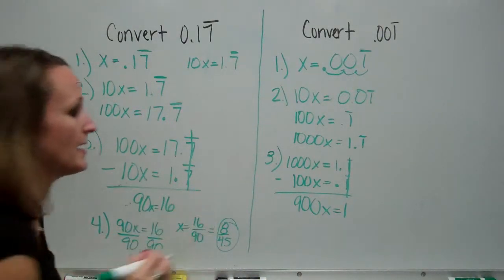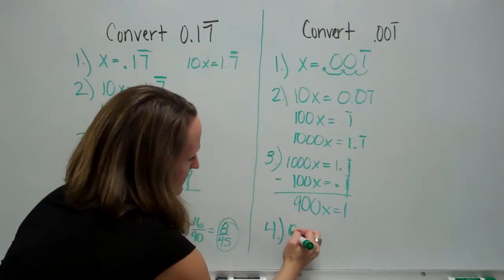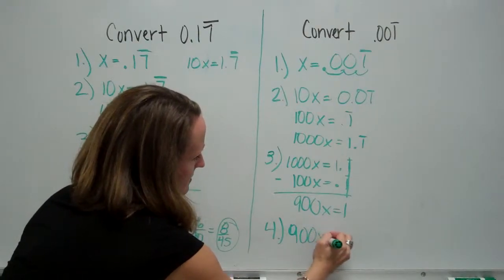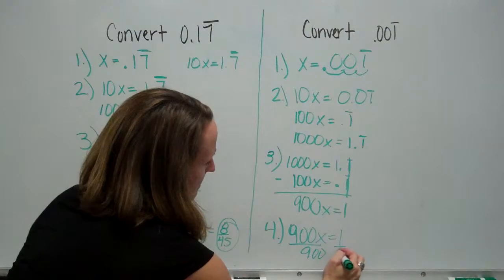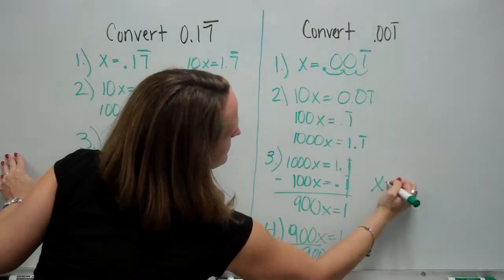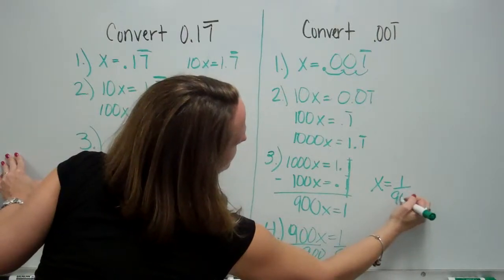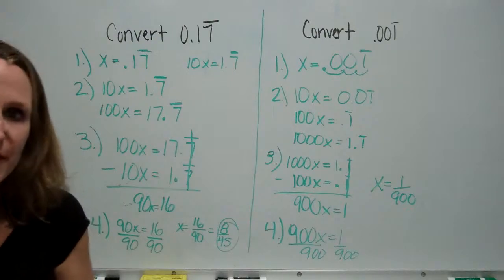Okay, so I'm at my one-step equation part here of 900x. Divide both sides by 900. And I learn that x equals 1 over 900. All right, we'll practice some more tomorrow.